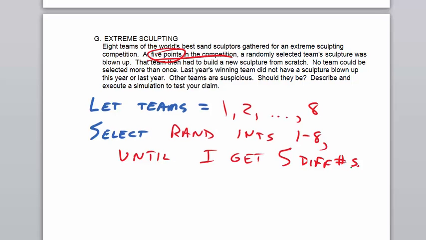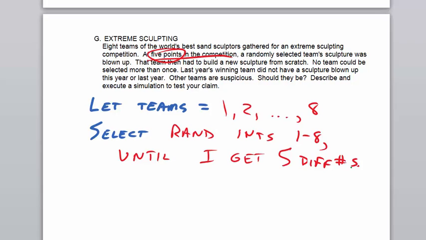That's how I have to handle the possibility that when I randomly select a number from 1 to 8, I might repeat one of those numbers, and it's actually pretty likely that I repeat it in a string of 5. But I'm going to just keep selecting until I get 5 different numbers.